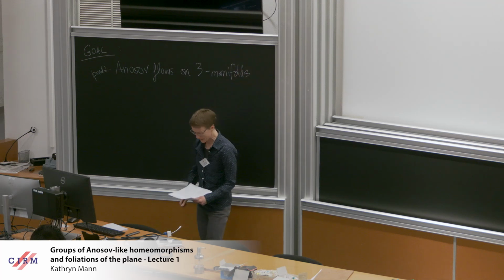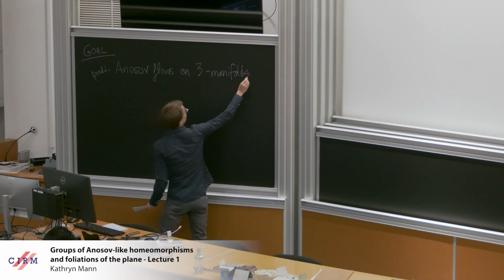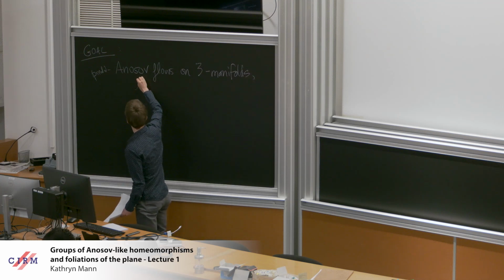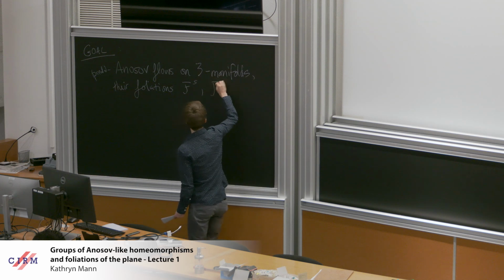I don't assume you know anything, and which come with invariant foliations, called stable and unstable foliation.